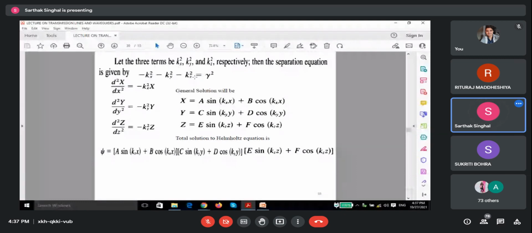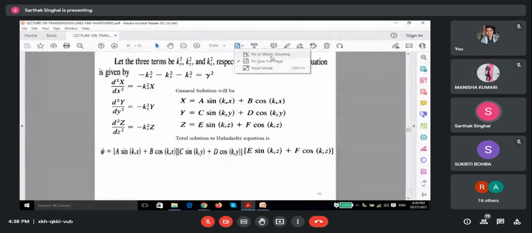So can I say that d square X upon dx square equals minus kx square into X?